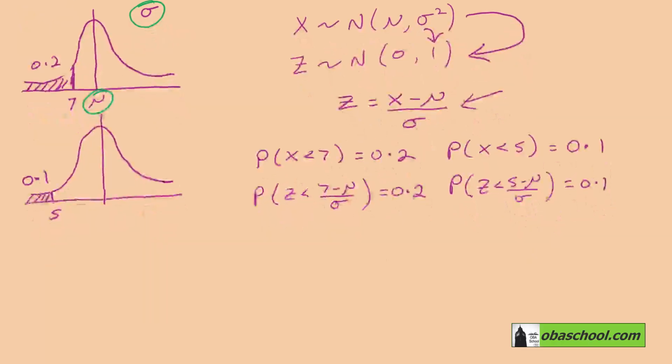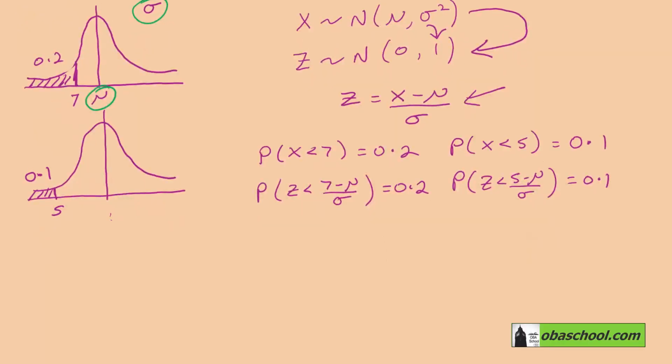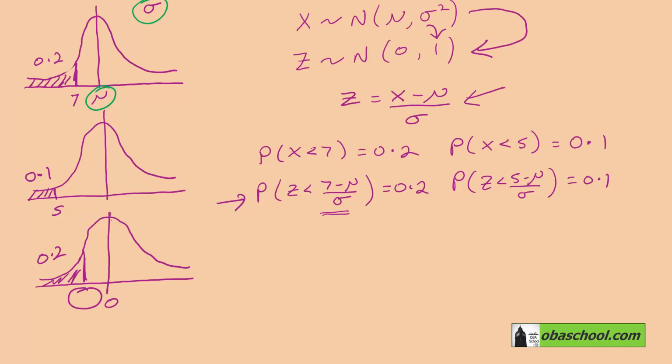Now, if I just draw another picture, so this is now the standard normal. If we just consider this part, this is 0.2, and what we want is the value here, because that will be what this is equal to.